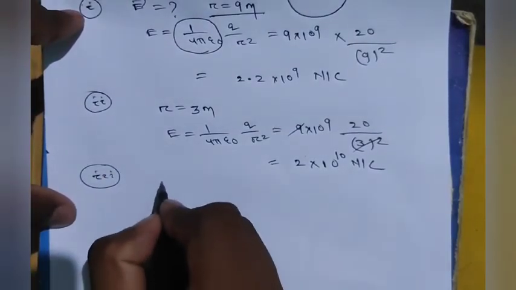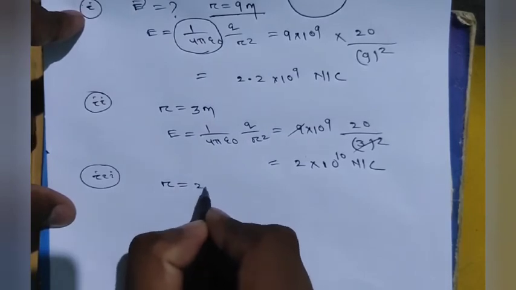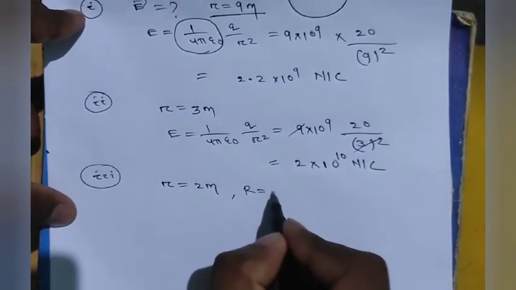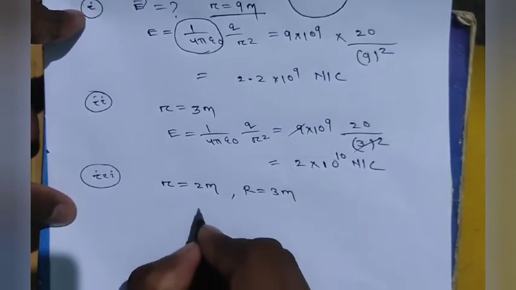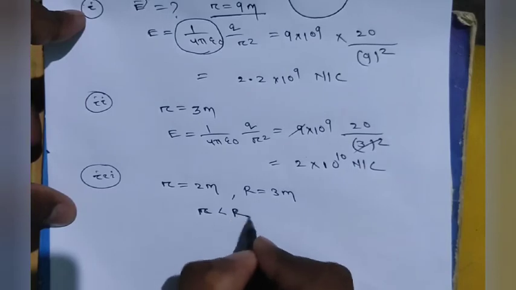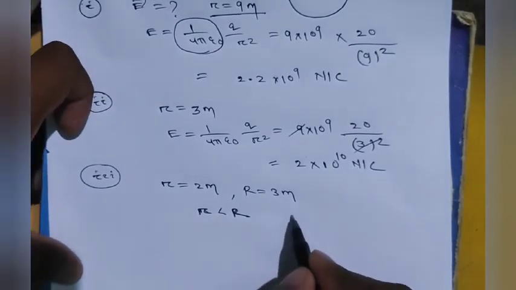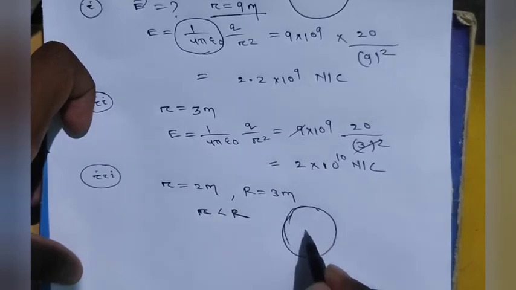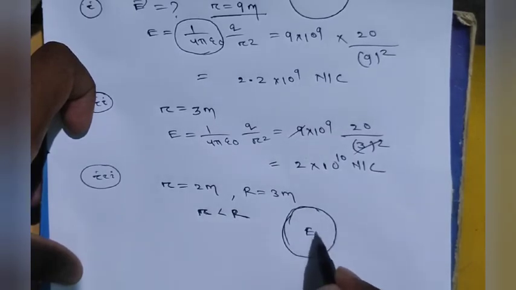Now the third point in the question: find the electric field at a distance of 2 meter. Now the distance is 2 meters, but the radius is given as 3 meters, means r is less than capital R. So we know the electric field inside a spherical conductor will be 0.